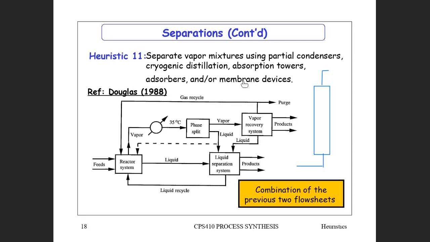So permeability is a constant for a certain membrane that says how quickly a gas will pass through the membrane. A given gas, like let's say oxygen, will pass through a given membrane given a certain partial pressure on the one side compared to the partial pressure on the other side. So there's a partial pressure driving force for a membrane.